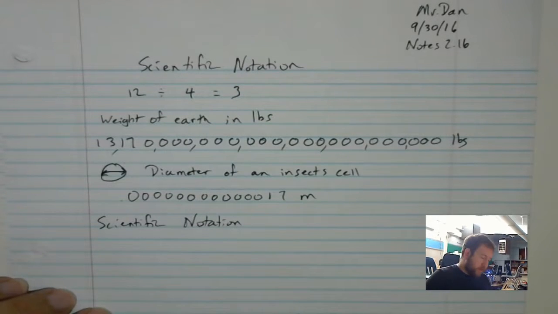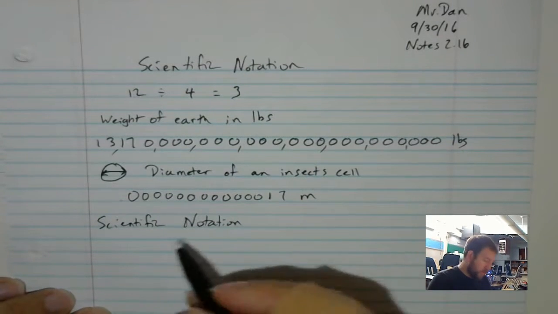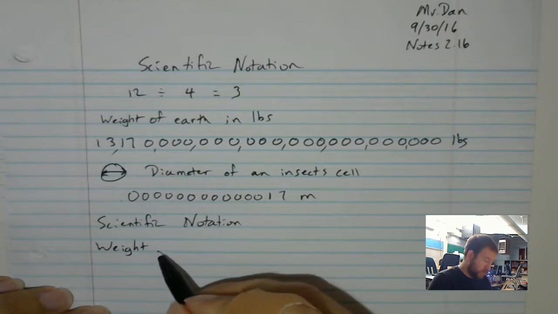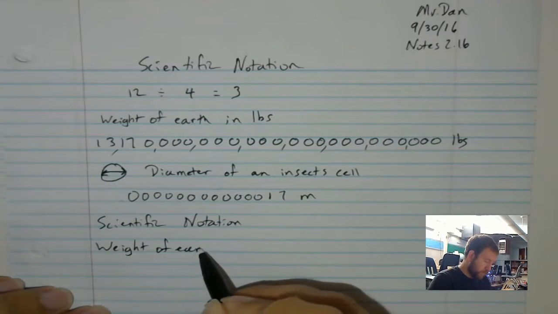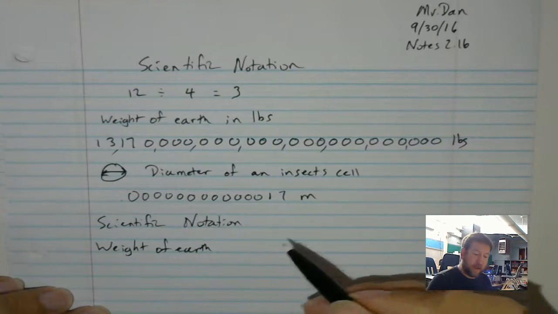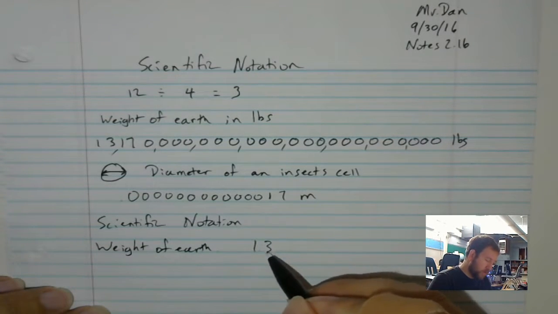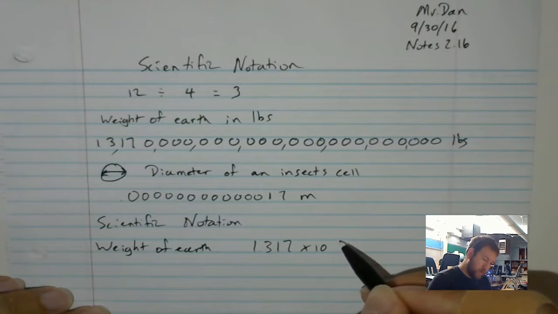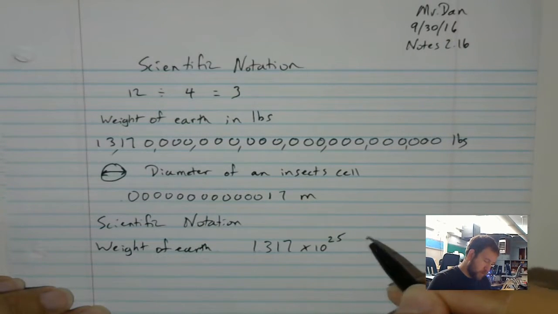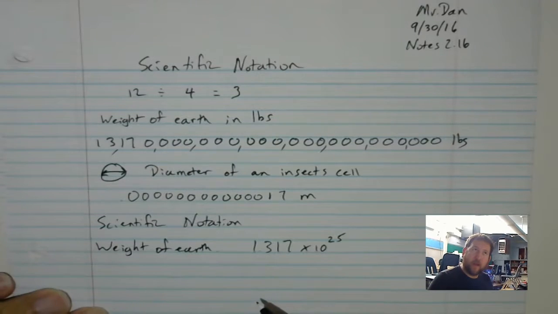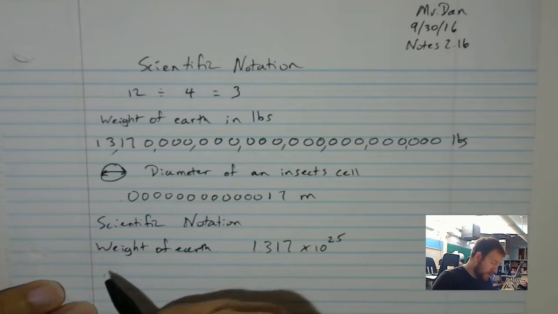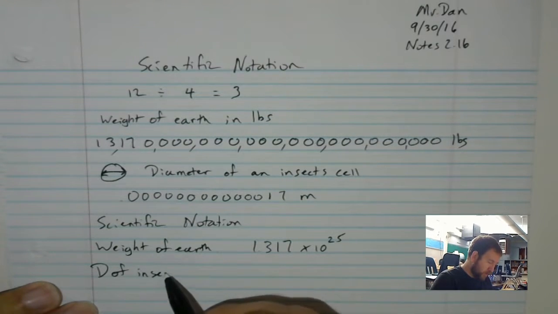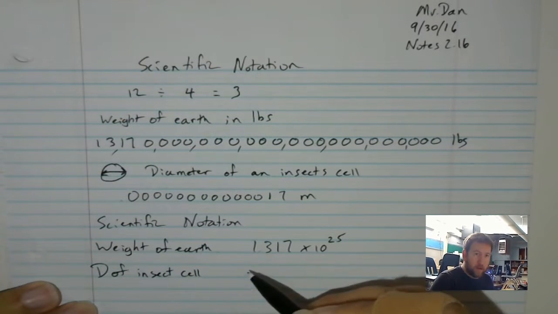If I'm going to turn my weight of the Earth into scientific notation, I can write it instead like this. Or if I'm going to write my diameter of the insect cell, I can write it like this.